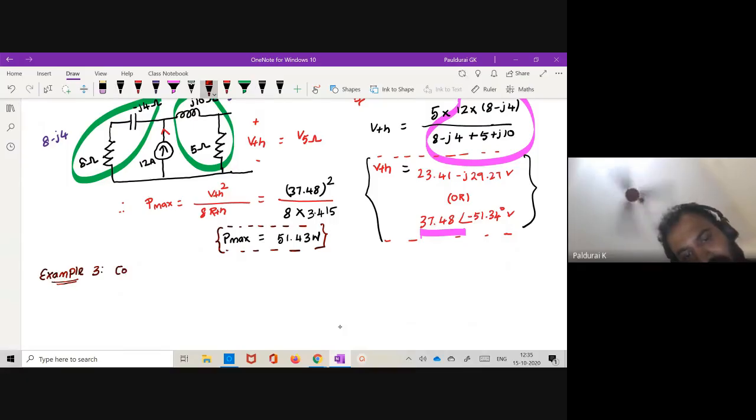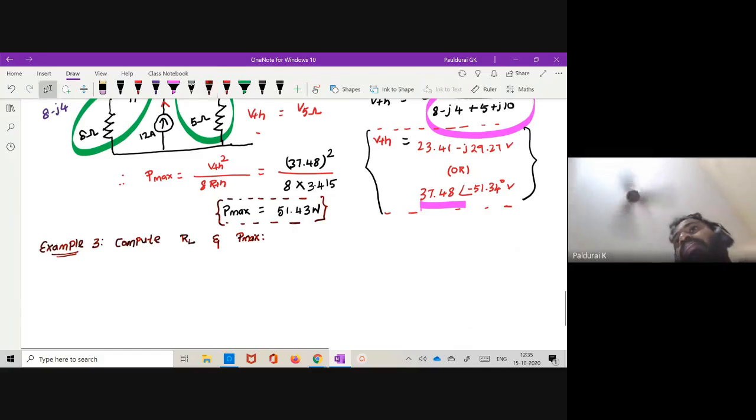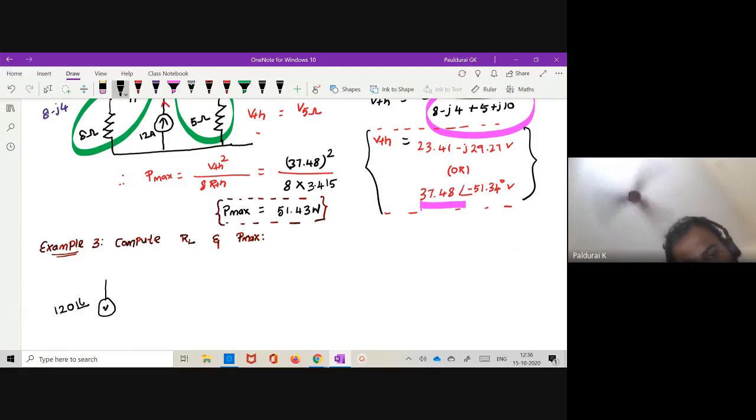This time compute not ZL, this time RL and P max. Take this circuit, it's also quite interesting. 120 at an angle of 60 degree.